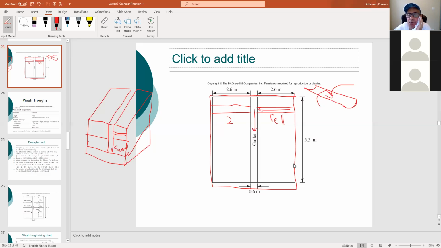You need another one from the other side here, okay? Recommendation, the loading from one side to each trough must be less than or equal to 1 meter. So 1 meter from this side, another 1 meter or less from the other side. This one is just gonna feed this one.